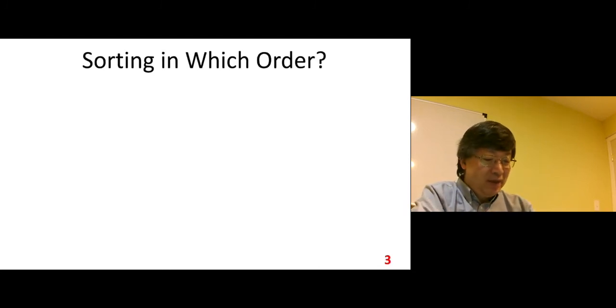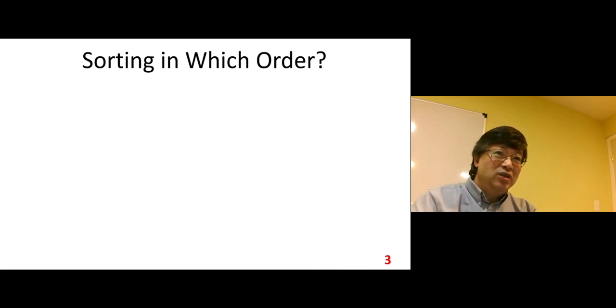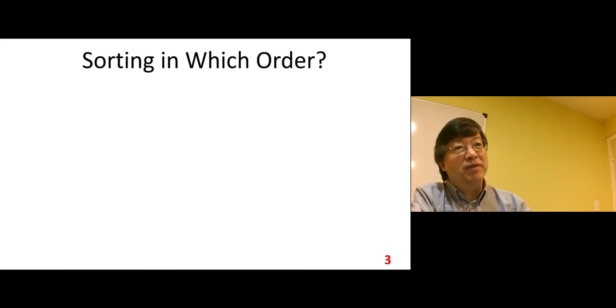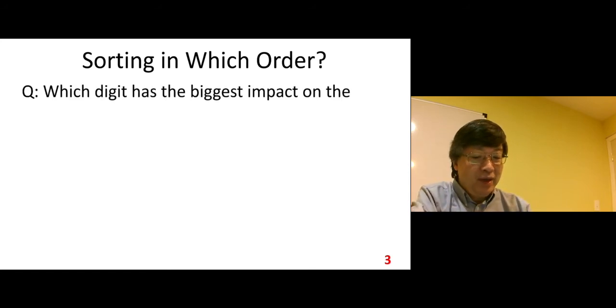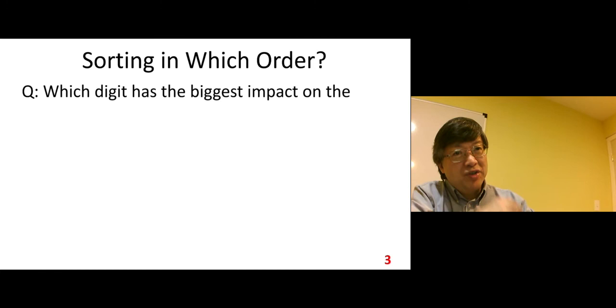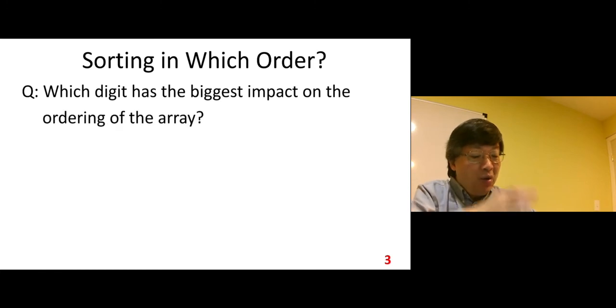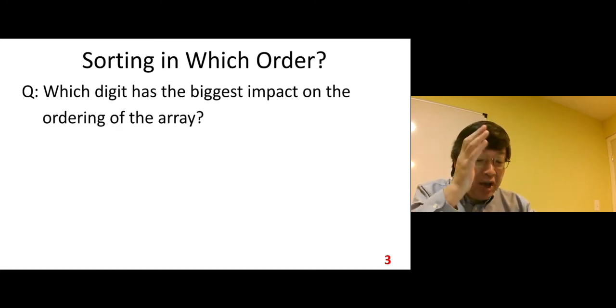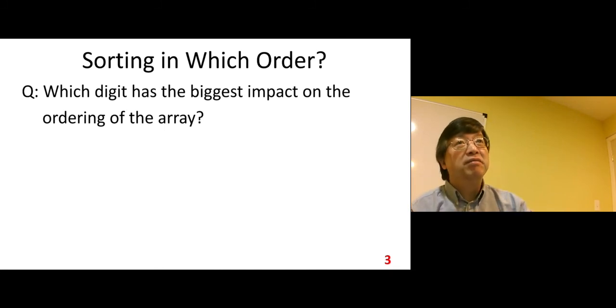Sorting in which direction? Now we try to do some analysis to understand which way is better. First question: we want to know which digit has the biggest impact on the ordering of the array. Biggest impact.